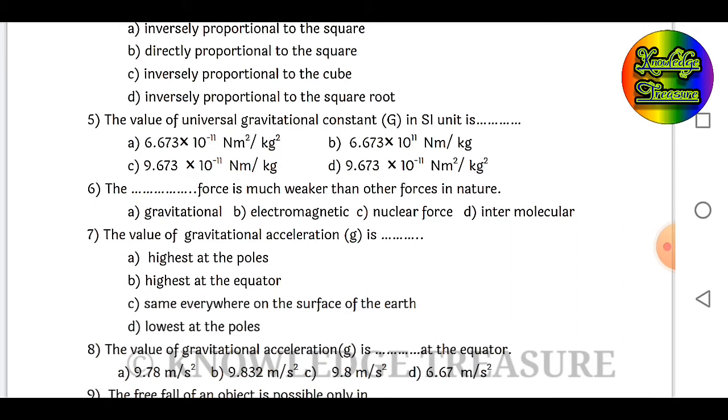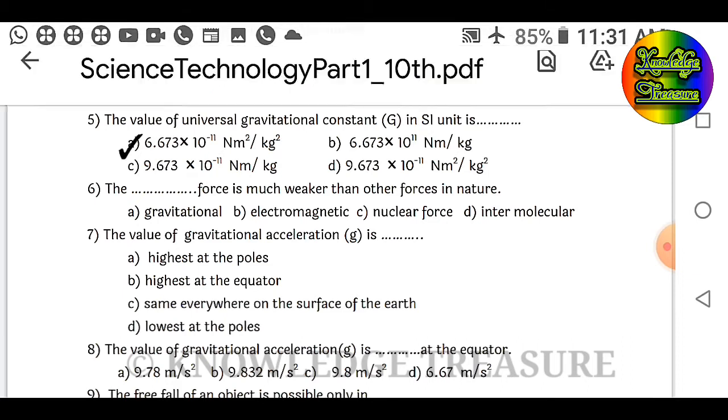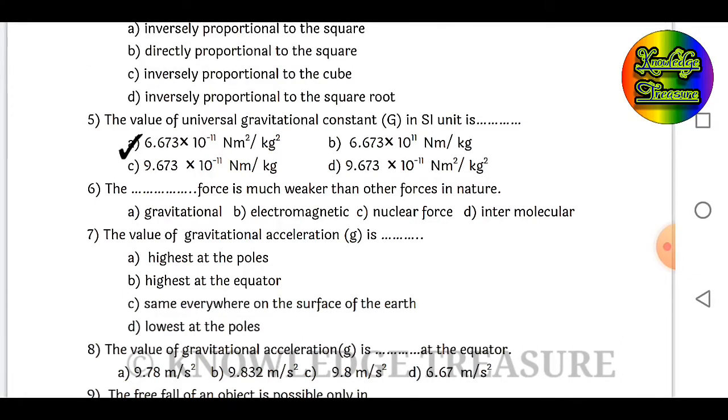D. 9.673 multiplied by 10 power minus 11 Newton meter square per kilogram square. The correct answer is A. 6.673 multiplied by 10 power minus 11 Newton meter square per kilogram square.